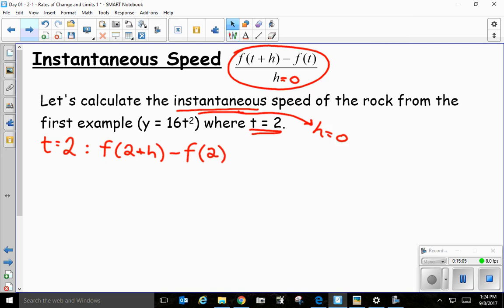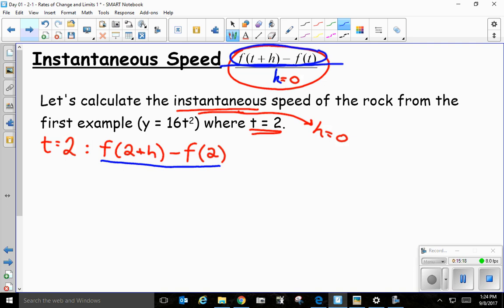You see where I'm getting this? I'm getting this right from here, in my fraction. I'm leaving my h's alone. The bottom doesn't have a t, it just has an h, so I'm just going to leave it. Because technically, this is as h is 0, and I can't put a 0 in there, otherwise I am screwed.